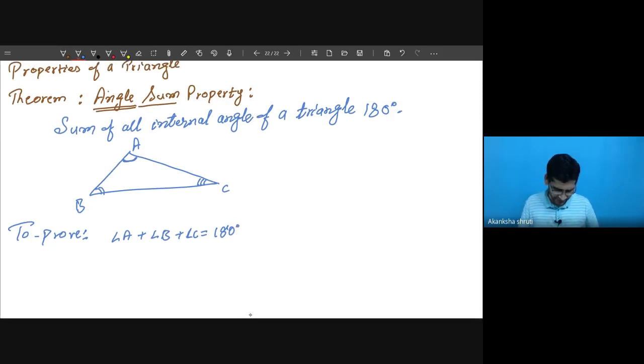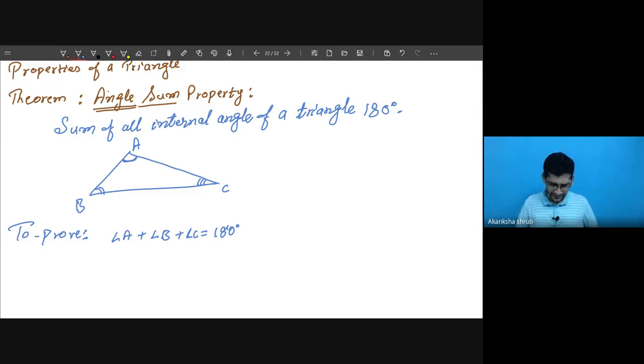How to prove it? For proving that, what is this 180 degrees? Recall, student, 180 degrees means when a 180 degree angle is formed at any straight line, meaning if there is some linear pair or addition of many angles forming a straight line, then it is 180 degrees. So to prove this, we need to make such a straight line.